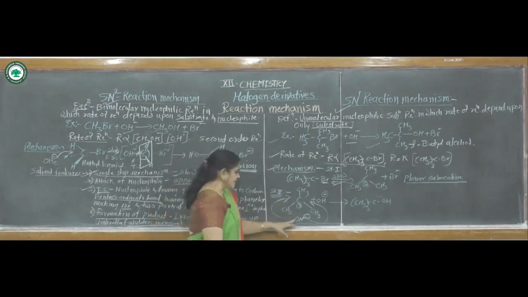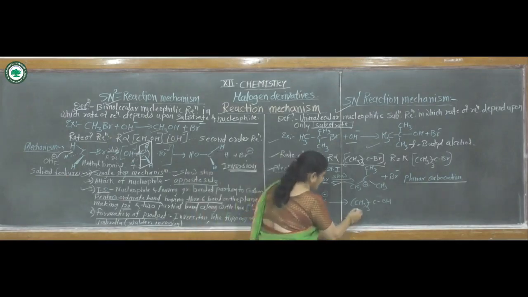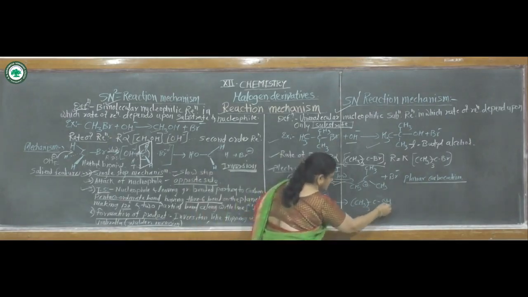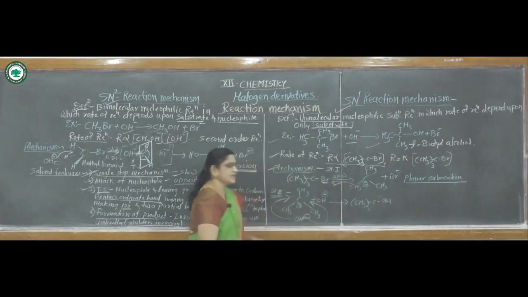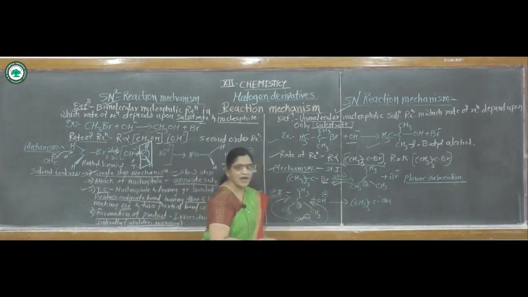That means it gives inversion in configuration as well as retention in configuration, and it gives a product, CH3 thrice COH, that means tertiary butyl alcohol. In the second step, it forms the product tertiary butyl alcohol.